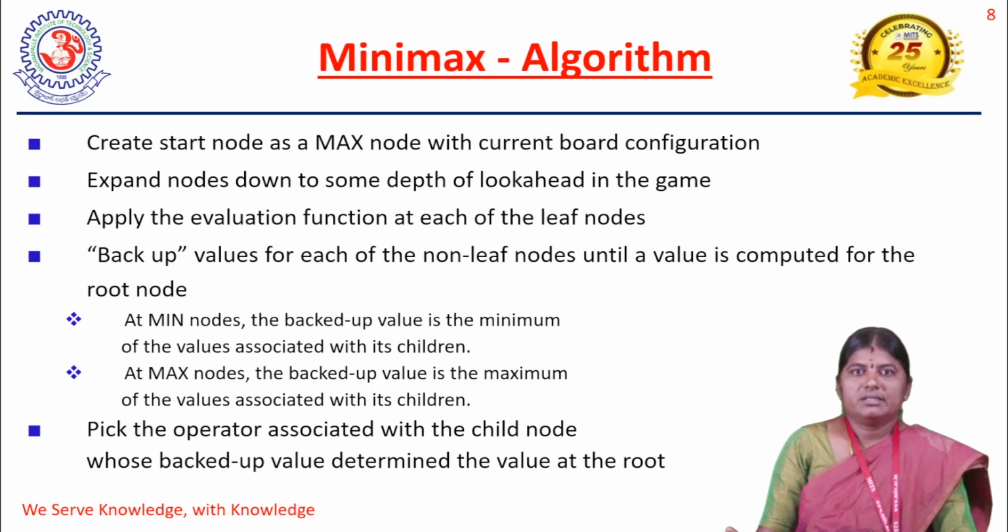Once it reaches the terminal state or leaf node, the values are backed up towards the parent nodes through non-leaf nodes. Based on the type of player, it takes either the min value or the max value. At last, that value is propagated to the root node. This is the way you can find the Minimax value.